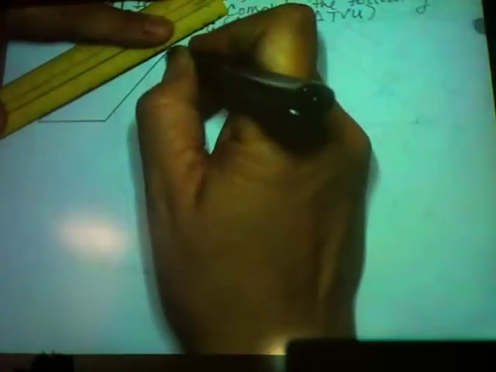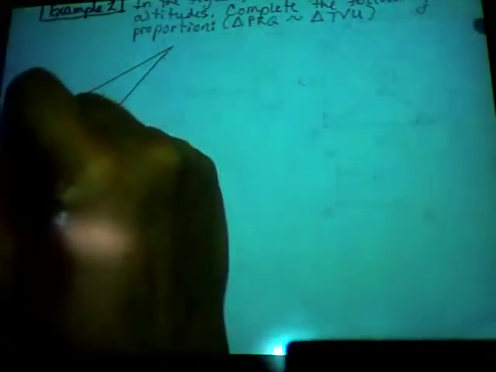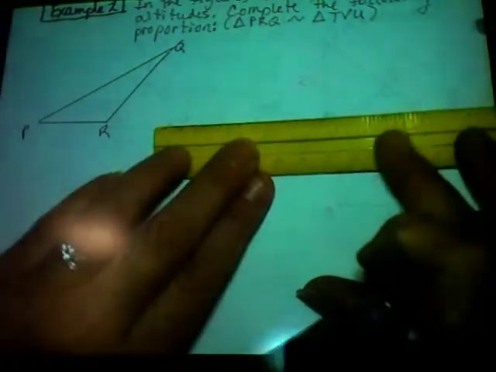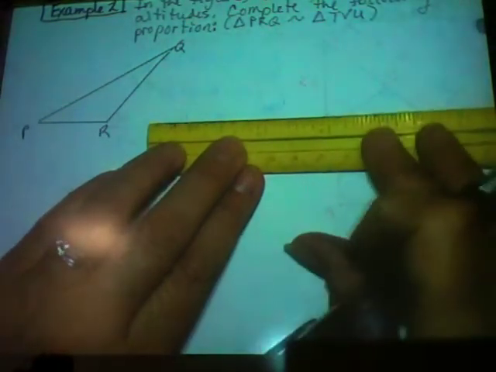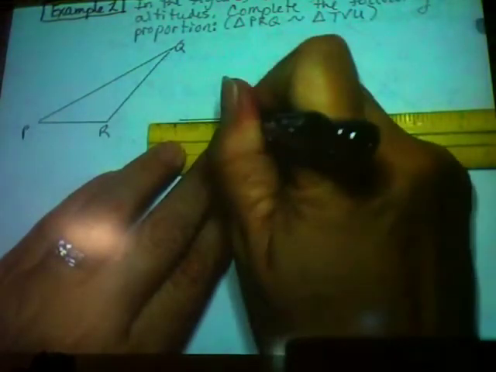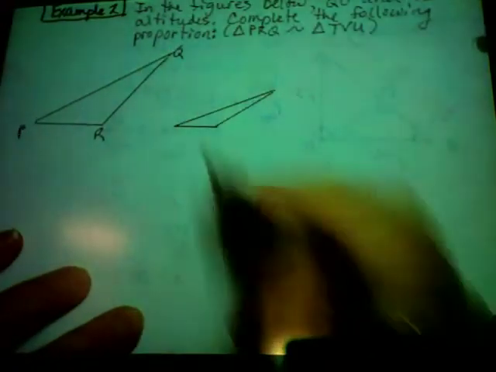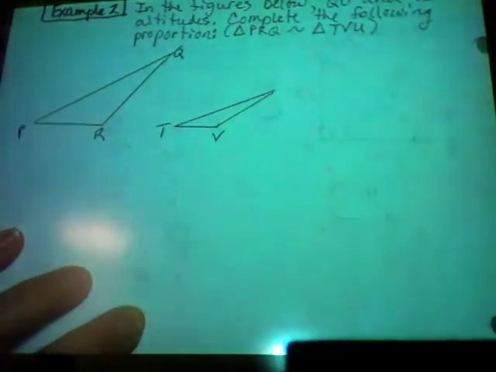So I'm drawing an obtuse triangle, and this is P, Q, and R. And then I'm drawing a smaller triangle, also obtuse. Let's assume my angles are the same. And this is T, this is V, and this is U.